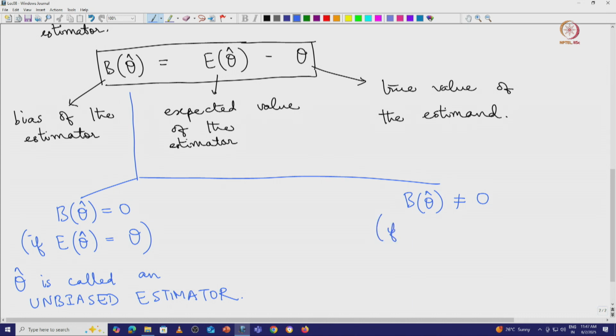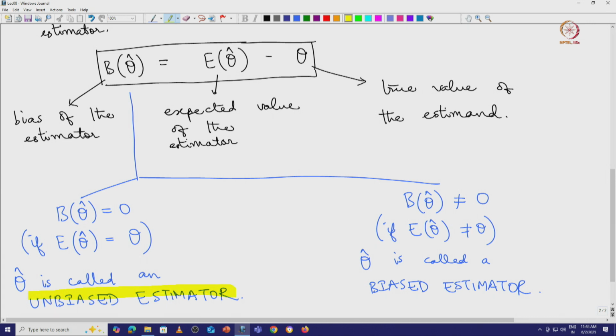So, this means that the expected value of theta hat is not equal to the actual value of the estimand, then theta hat is called a biased estimator.